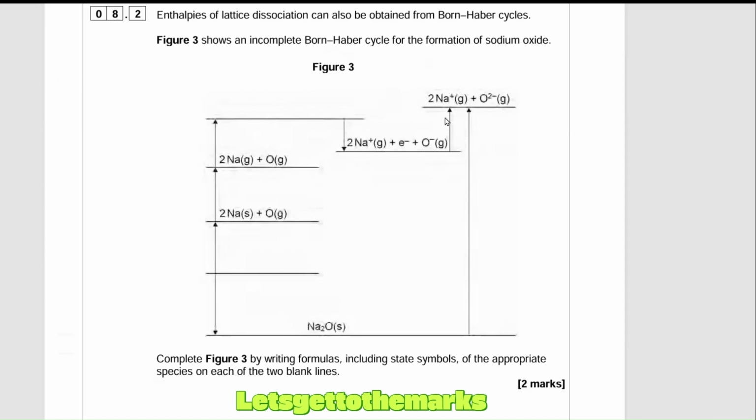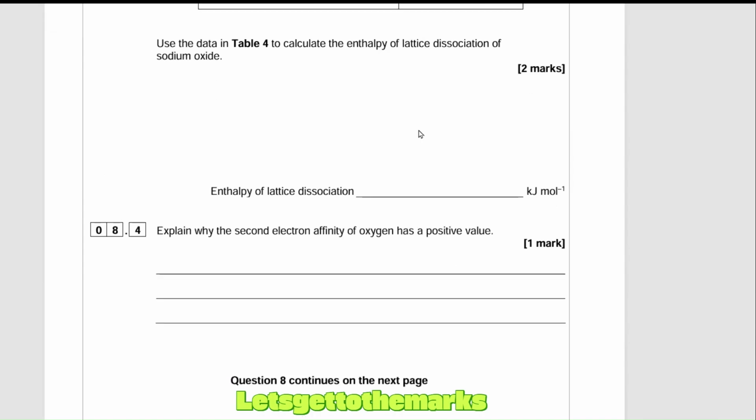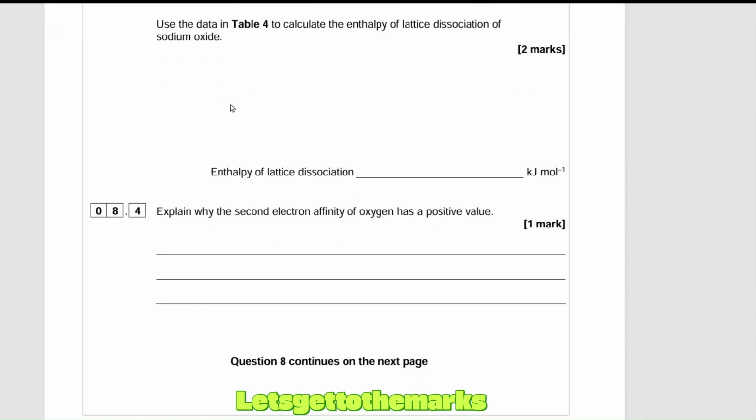Then why do we have to put energy in to force that last electron in? And the idea is you're trying to add an electron to an O- ion, so there is repulsion to be overcome.